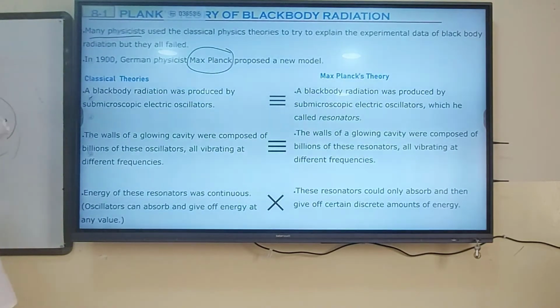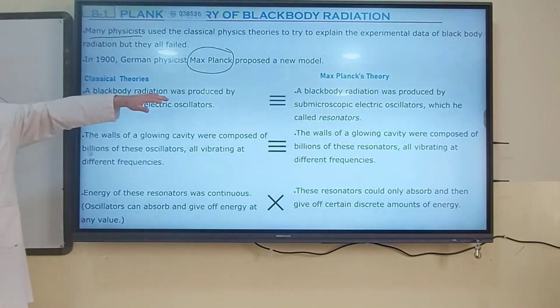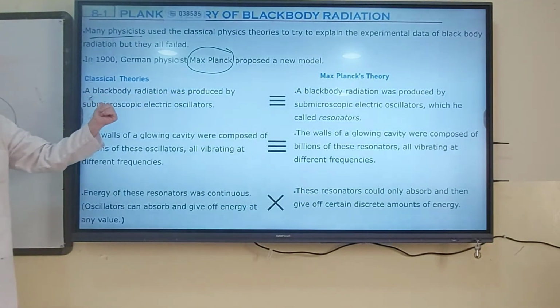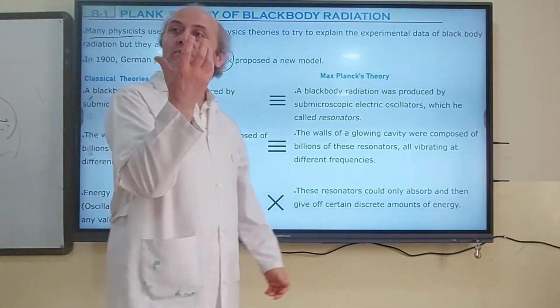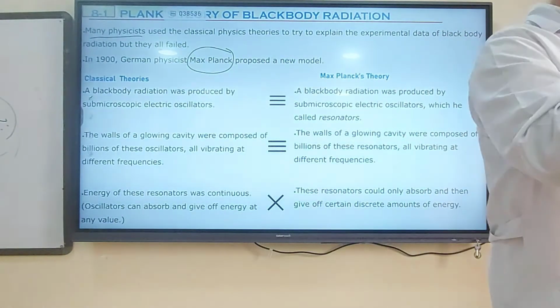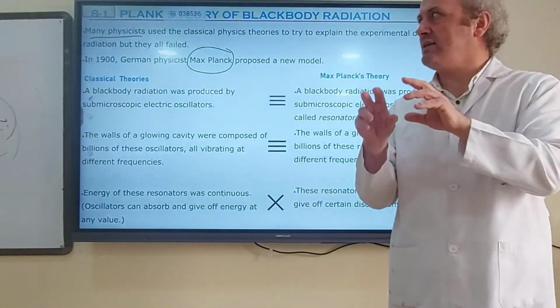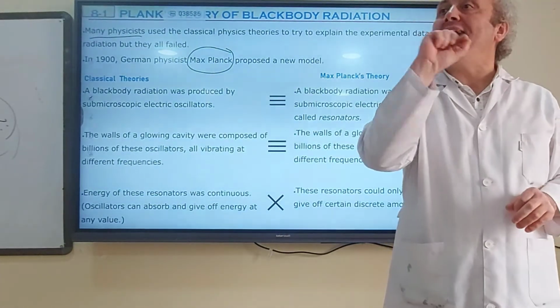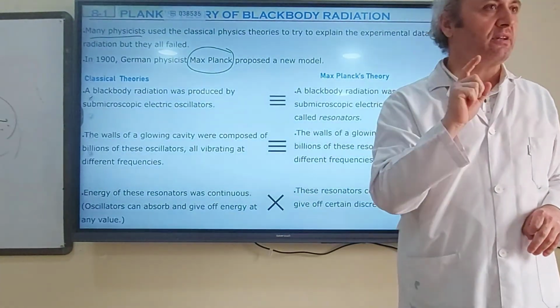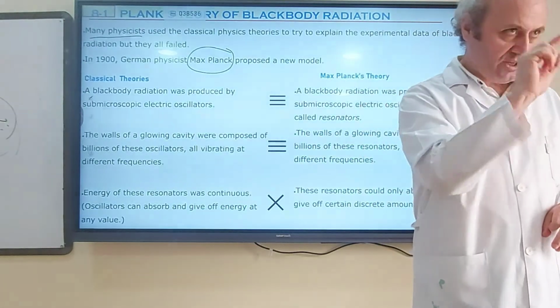What they say is this. A black body radiation was produced by submicroscopic electric oscillators. On the body of this black body, this cavity, there are some electrical objects which we don't see, but which are vibrating. Oscillation means vibration.